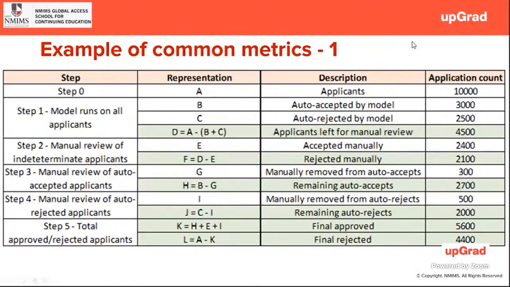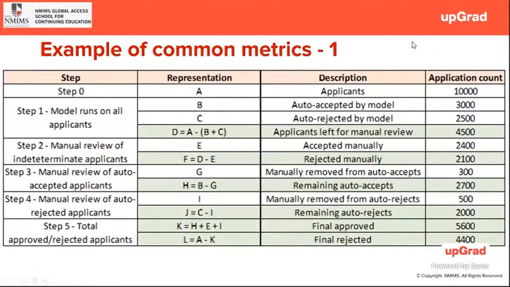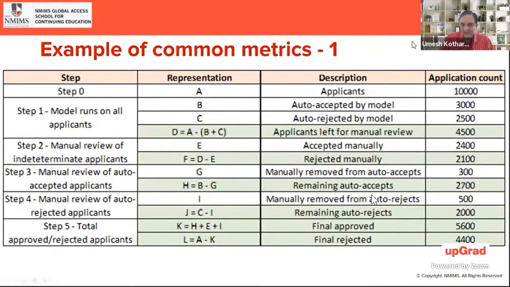What we took was the sum of 300 plus 500, which were manually removed from the auto accepted and auto rejected. That is 800 total, and we divided it by the total accepted and rejected by the model, 2,500 plus 3,000, 5,500. So it is G plus I, the manual removes, 300 plus 500, divided by the universe of auto accepts or rejects, which is 5,500. And what is the percent that you got?